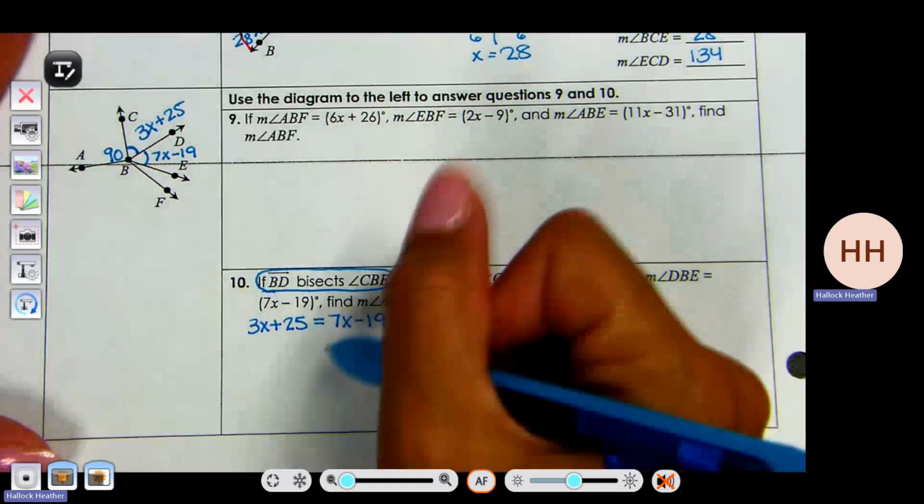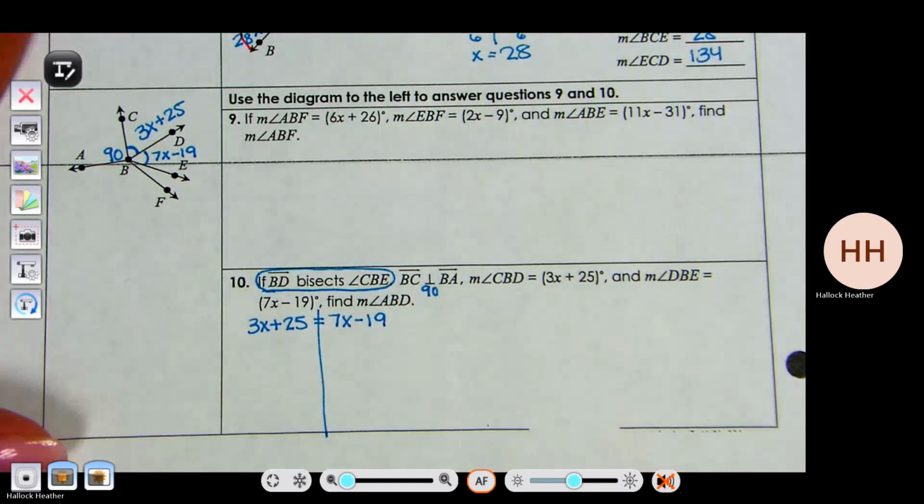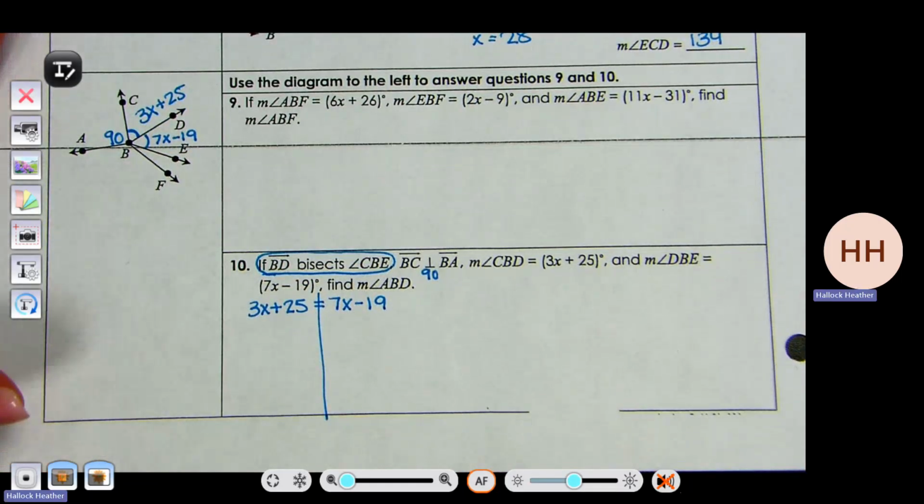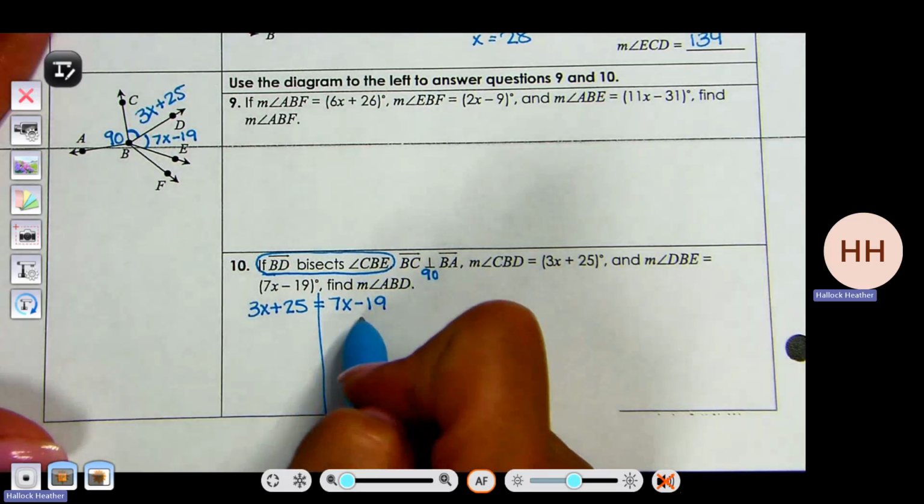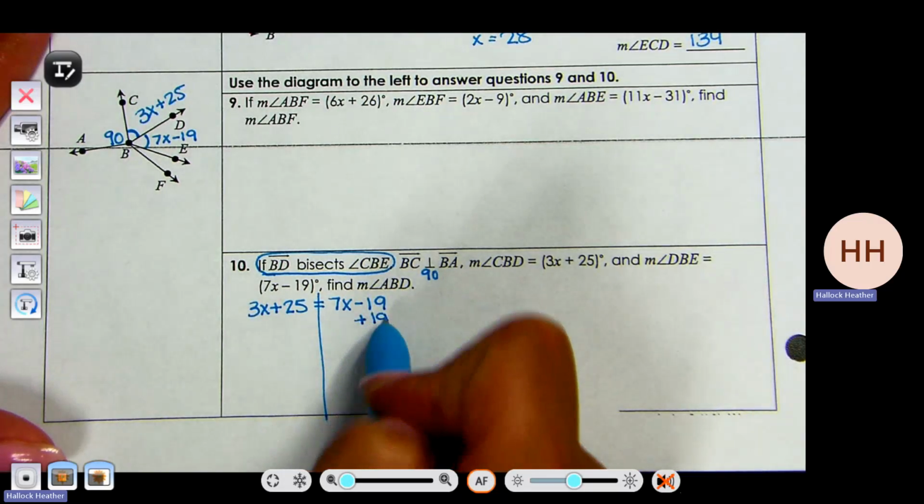So take a second, draw your line. We can either subtract 25 or add 19. I'm going to move the 19 because I don't like negatives, so I'm going to add 19.